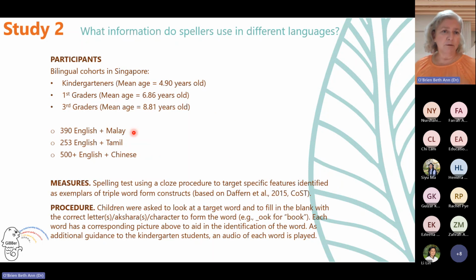And we do have roughly this number of bilingual Malay and English, Tamil and English, Chinese and English, but for today, we're still working on the Chinese and English coding, and we're finalizing some of the Malay and Tamil error coding as well, but I'll just present the English and Malay and English and Tamil data that we have so far.